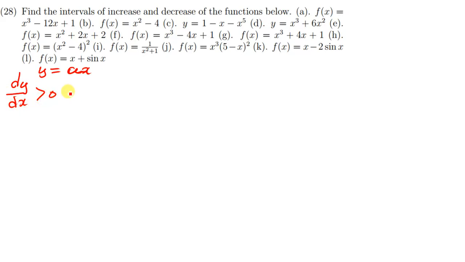So if dy dx is greater than 0, it means that the function is increasing.